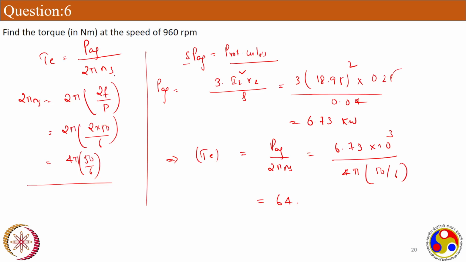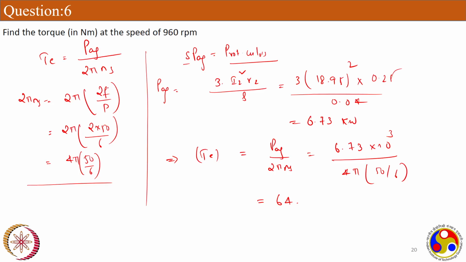If you look at the derivation of torque, there is a big derivation where you are converting this PAG by 2 pi Ns. If it is air gap power, it should be rotor speed when the rotor is not rotating. But now it is rotating at 960 rpm.